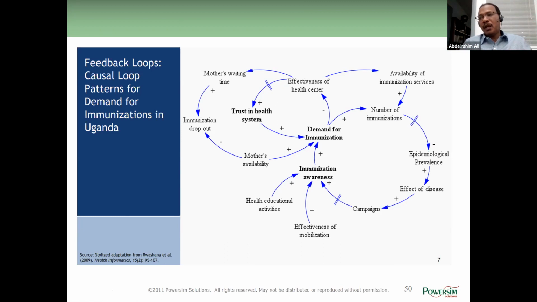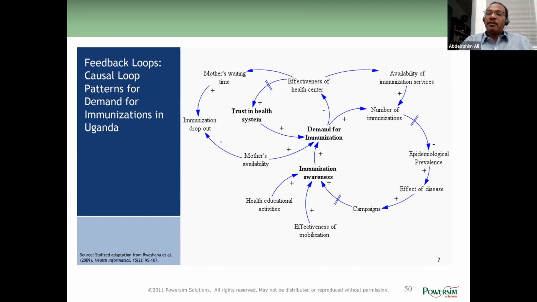Then with the help of people, you can draw these circles. If the demand increases, it will increase the number of people immunized. If the number of people immunized increases, it will decrease the epidemiological prevalence of the cases, but there is a time delay here between the immunization and the prevalence decrease.